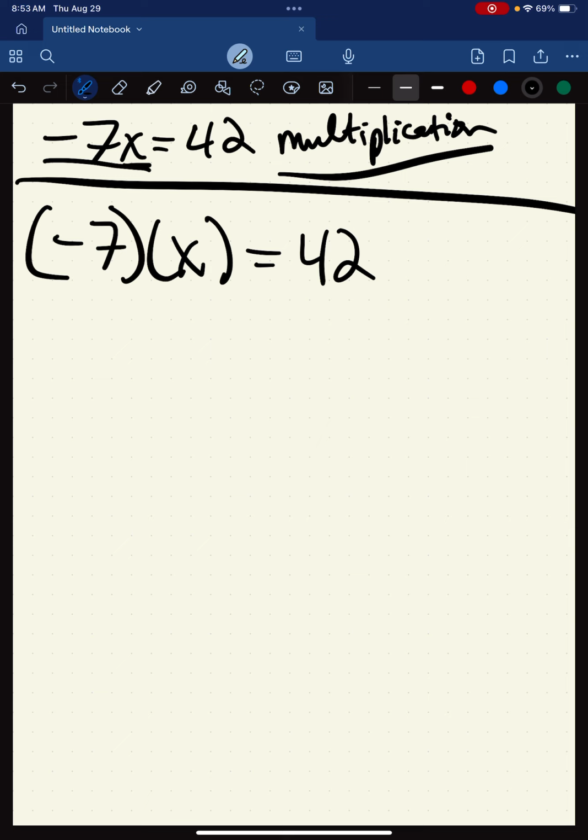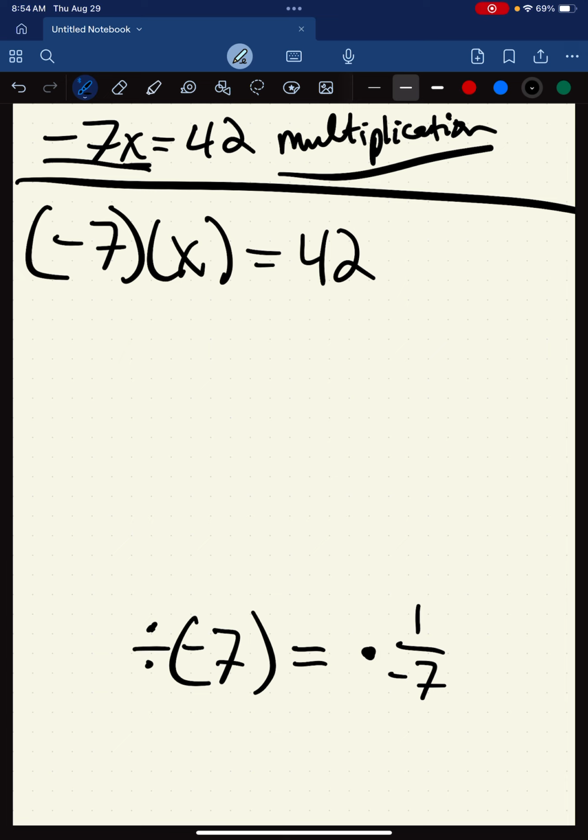So we want to divide negative 7 by itself, so we can get 1, so we can get x by itself, right? So how do we divide by negative 7? Remember, division by negative 7 is exactly the same thing as multiplication by 1 over negative 7.